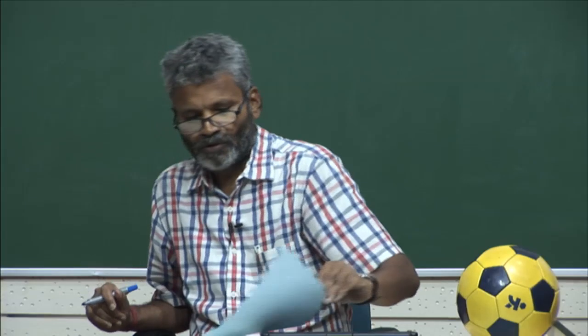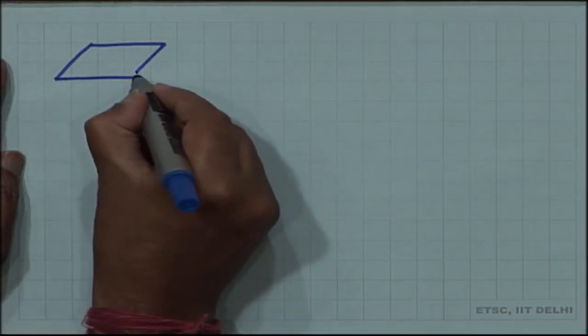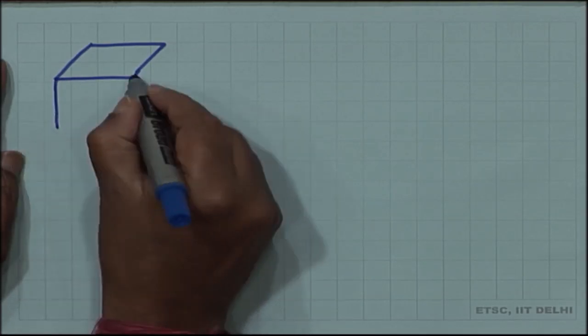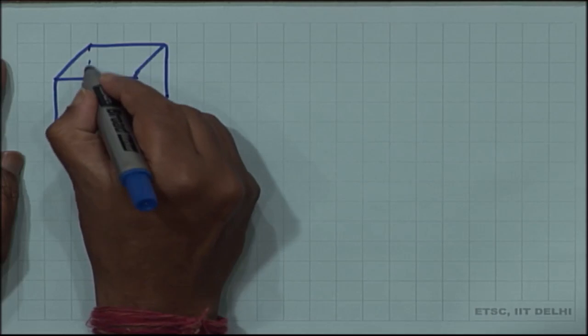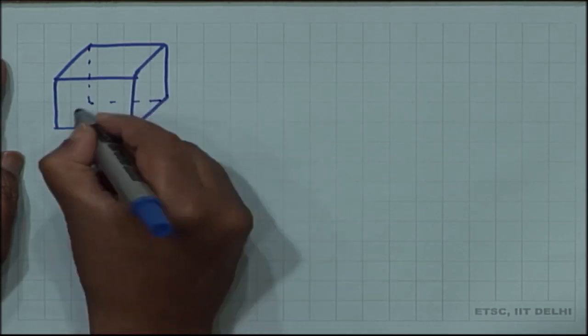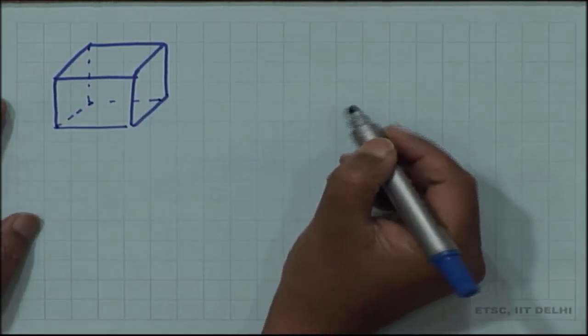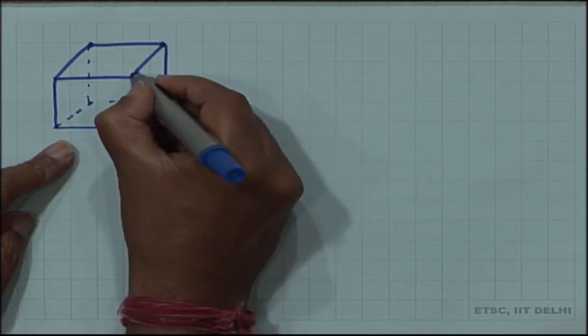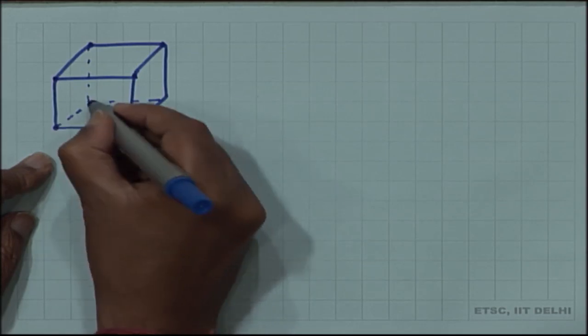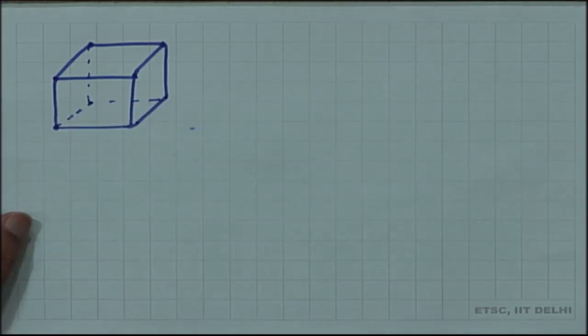You are also familiar with the cube. We have been discussing many cubic crystals. Three cubic Bravais lattices, simple cubic, face centered cubic and body centered cubic, all based on a cube.